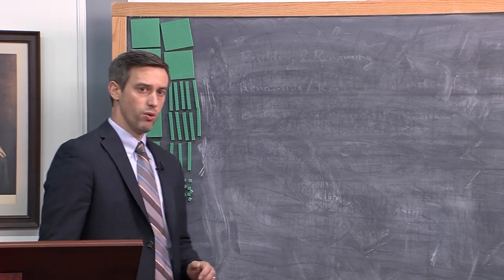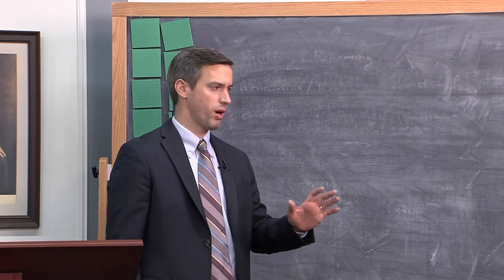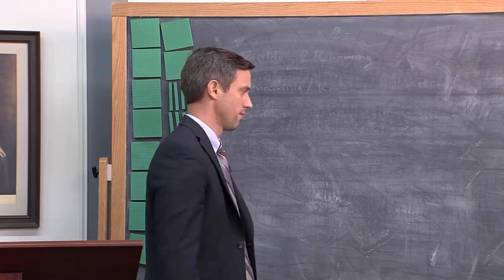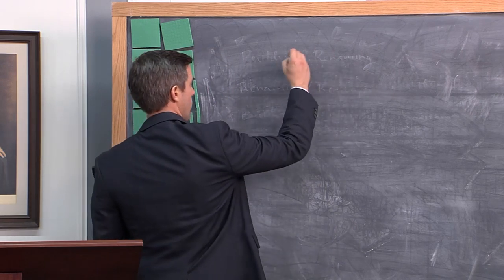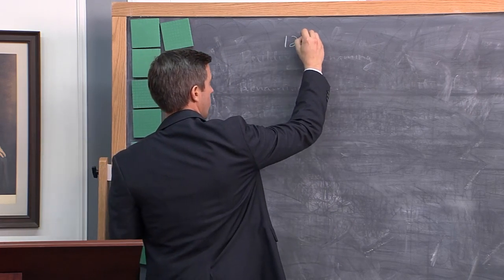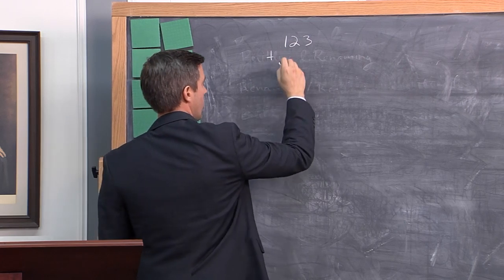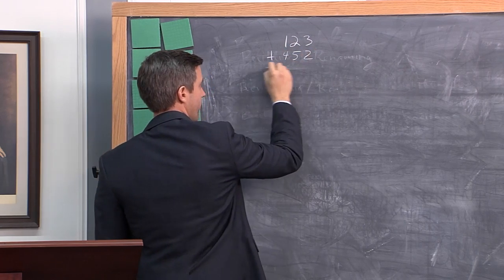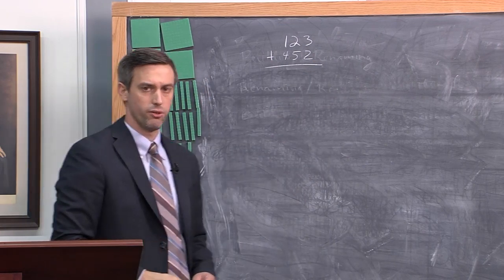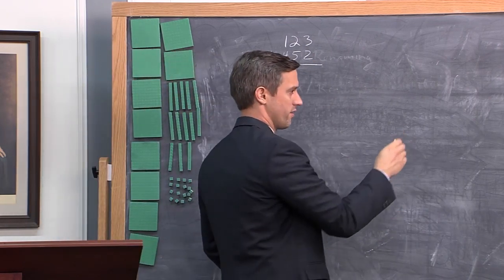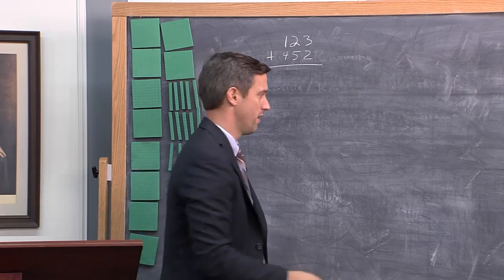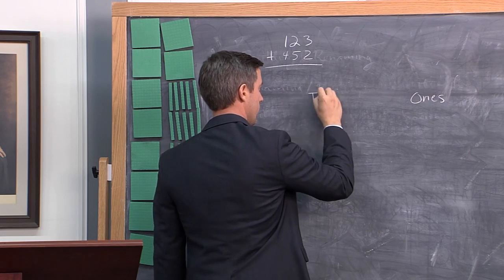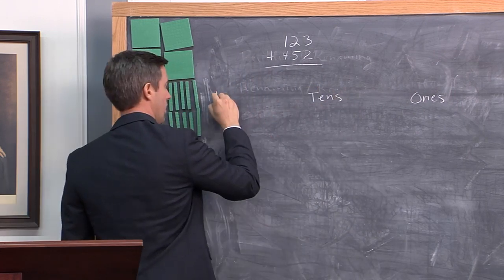So let's do a few problems that are more straightforward, no renaming, no regrouping. So we'll start with addition. The way that you're going to do this is you're going to have a place value mat, your ones, tens, and hundreds.